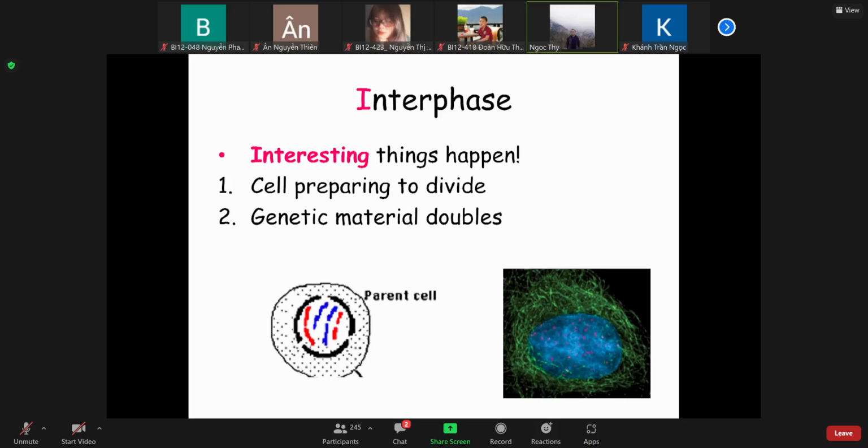The DNA is duplicated. All the enzymes, materials, and plasma are prepared for cell division. Normally interphase is the longest phase in the cell cycle.